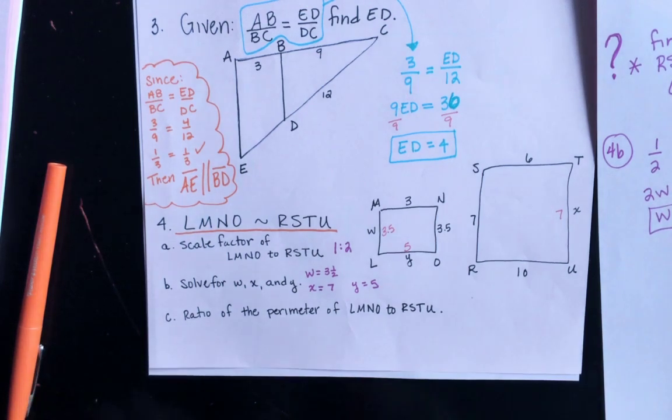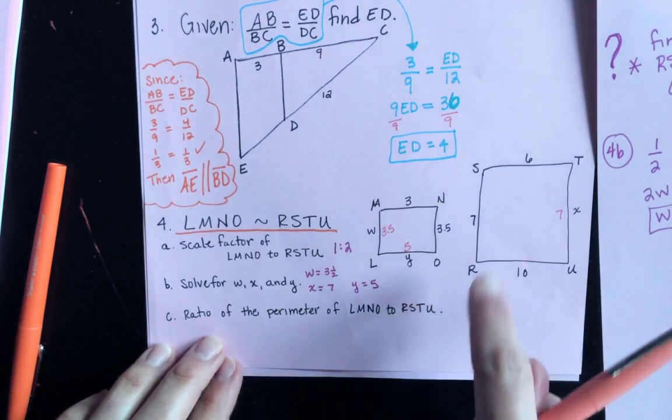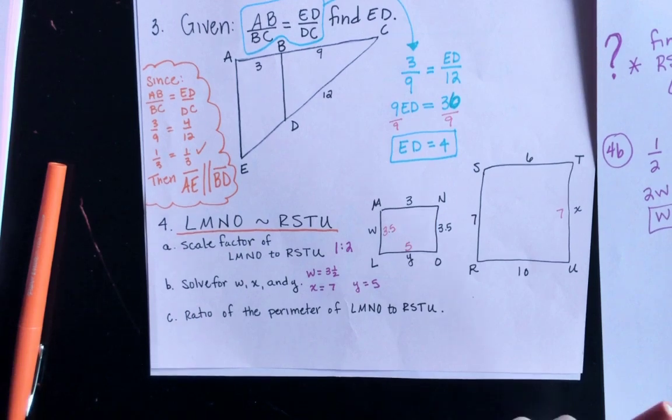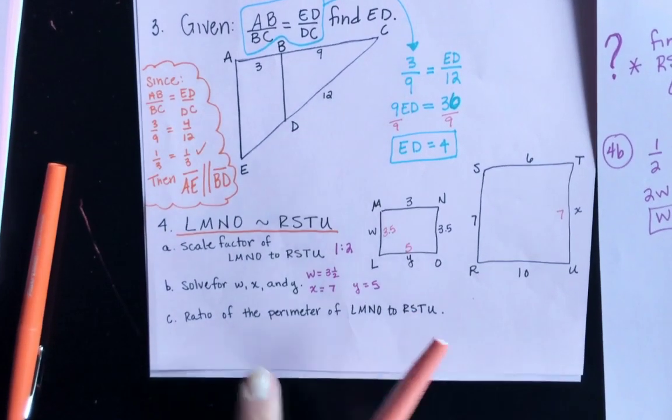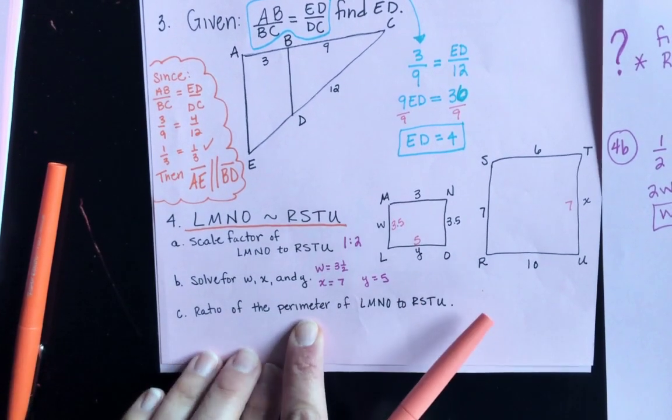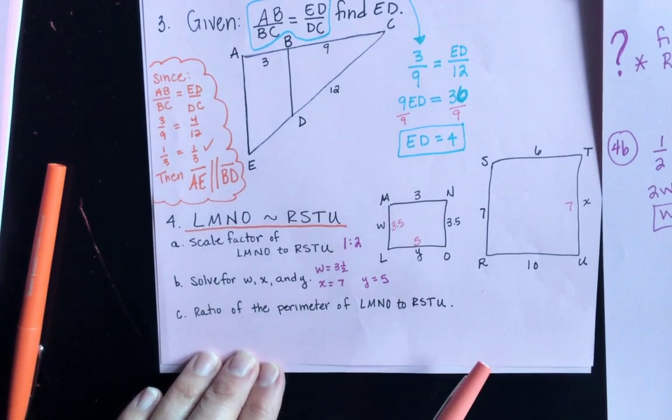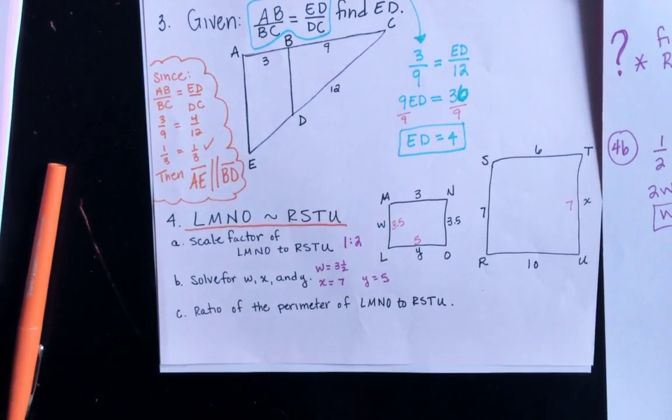All right, so now I labeled this specifically because the next one says, what's the ratio of the perimeters? So I have to add these guys up.